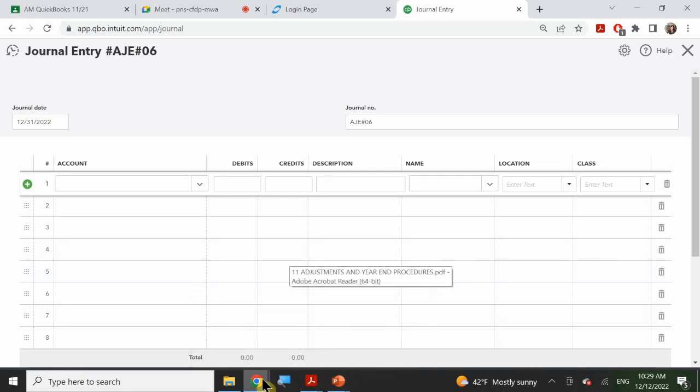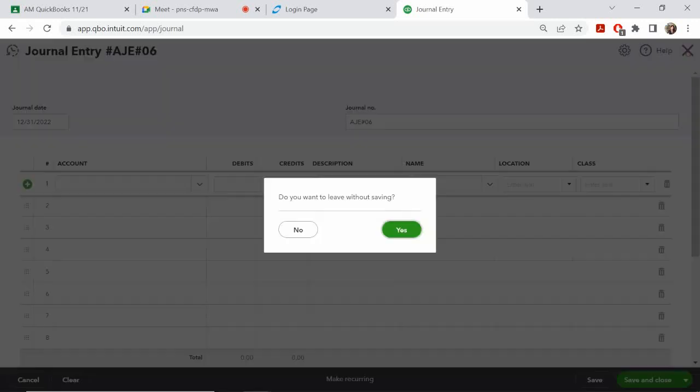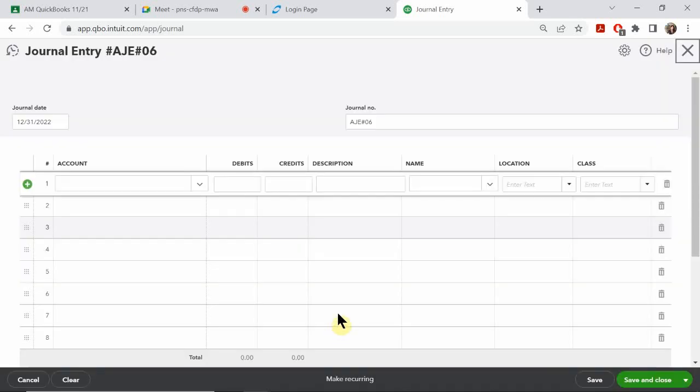If I can't figure it out on my own, I can always run a general ledger account report, so then I can figure out my current debit and credit myself. In this case, I'm not going to do it, but you could do that.